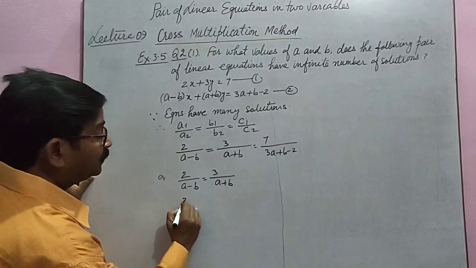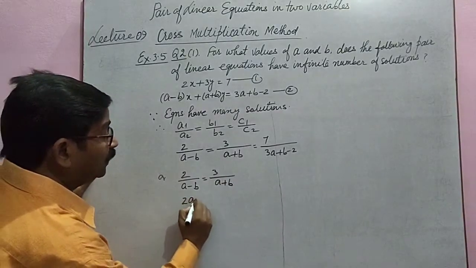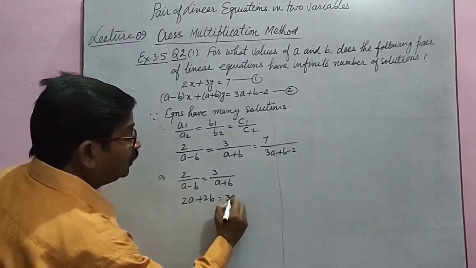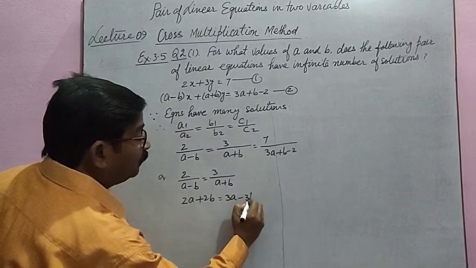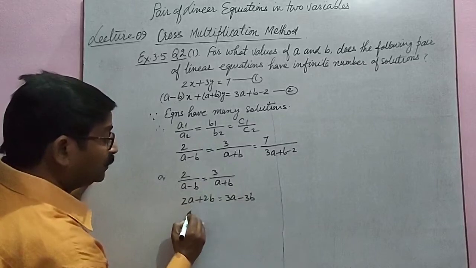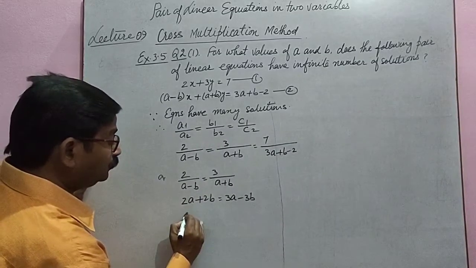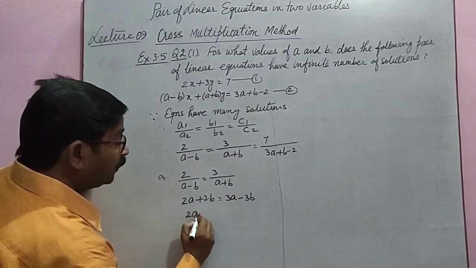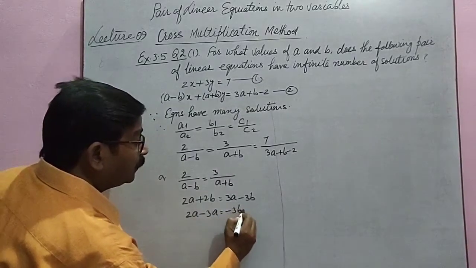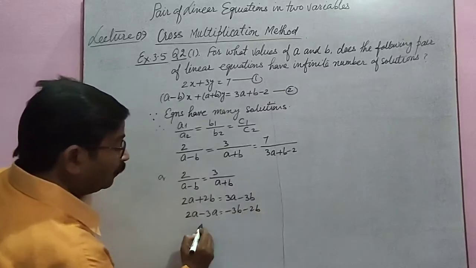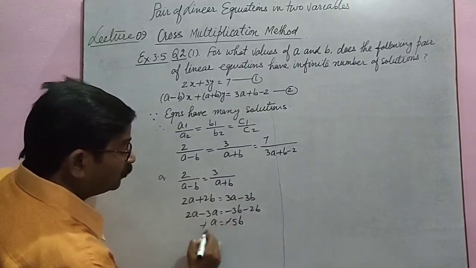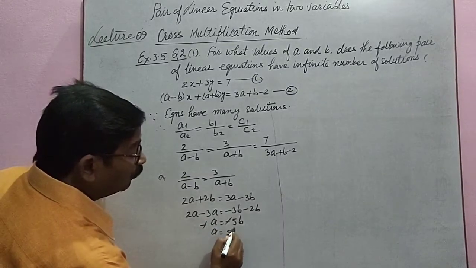I am writing 2a plus 2b on this side is equal to 3a minus 3b. Bring the b terms together and the a terms together. So 2a minus 3a is equal to minus 3b minus 2b. Minus a is equal to minus 5b. Minus will go. a is equal to 5b.